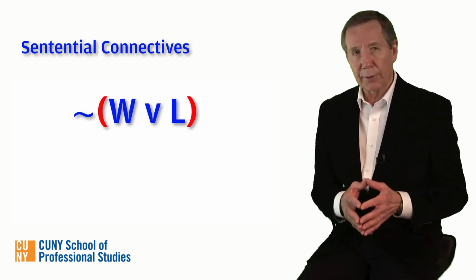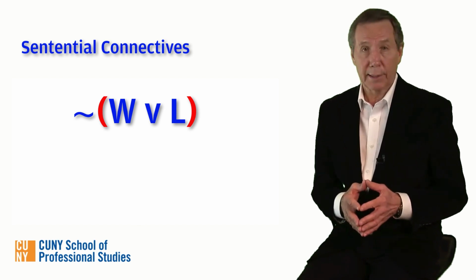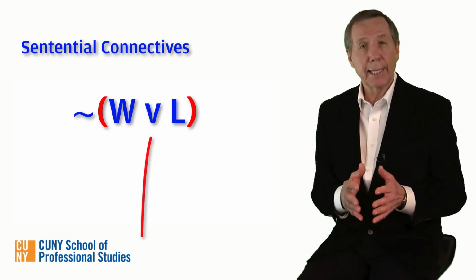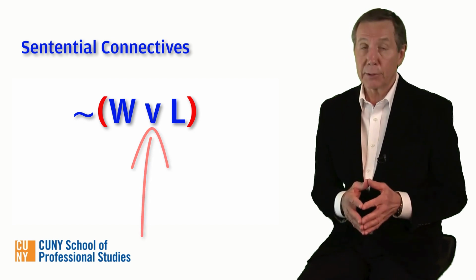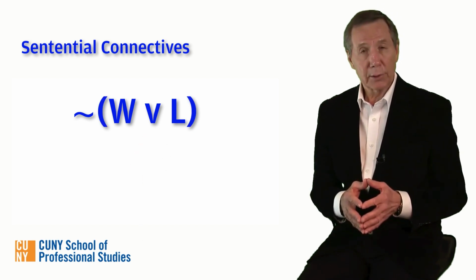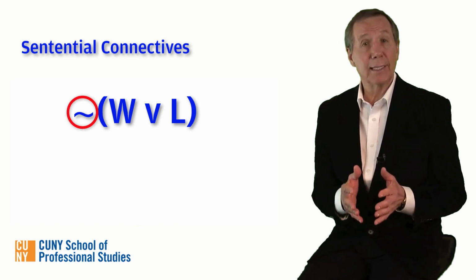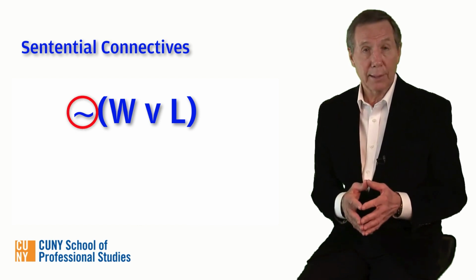Note the use of parentheses to define what is being negated. We are negating the disjunction of W and L, not the individual disjuncts. The main sentential connective is the tilde, our symbol for negation.